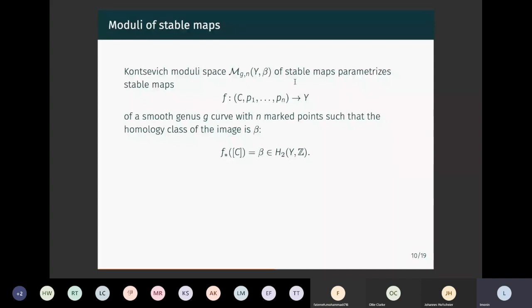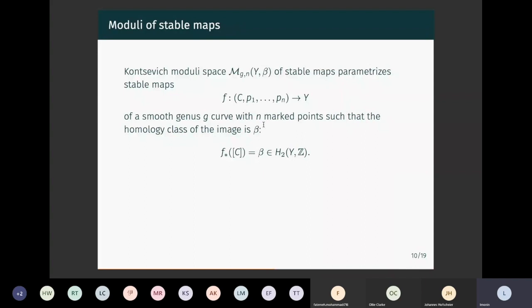Very roughly, this moduli space parameterizes maps of a curve C with n marked points to Y such that the image of C is a complex curve inside Y with some class in second homology. Of course, some components come with multiplicity, so the condition we want is that the push forward of the fundamental class of C is equal to our fixed class beta.